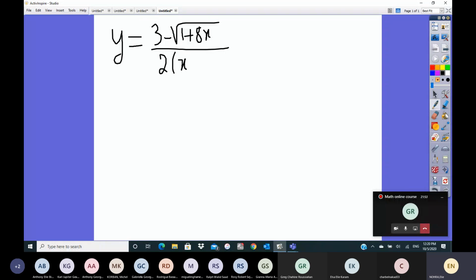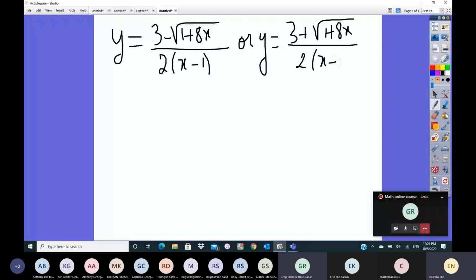If you remember, Greg, I got two inverse functions: y equals (3 minus radical of 1 plus 8x) over 2 into x minus 1, or y equals (3 plus radical of 1 plus 8x) over 2.